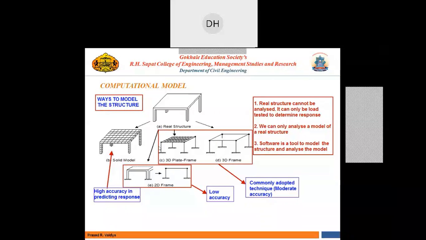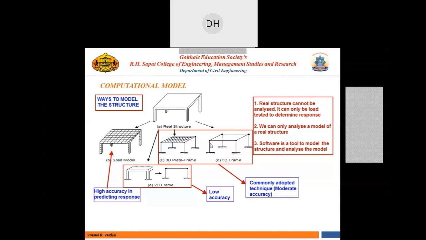And these two types are commonly used in your software, right? So either you can go with this type of 3D plate frame model, or otherwise a 3D frame model. This is called a bare frame type structure. This type of modeling, where the plate is not modeled but beams and columns are modeled, is common in STAAD.Pro.